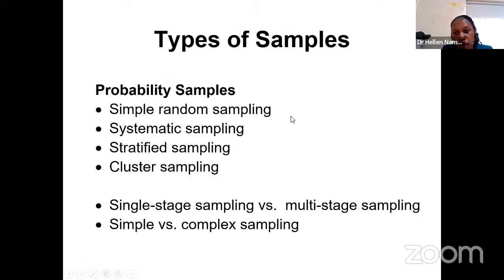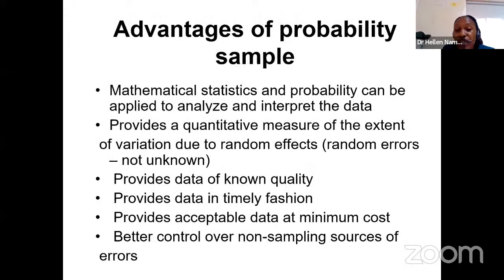Now, with the types of samples, we say that we've got probability samples. We are going to go into them in detail, and we've also talked about non-probability samples. But still, most of the time, all these things have advantages and disadvantages.